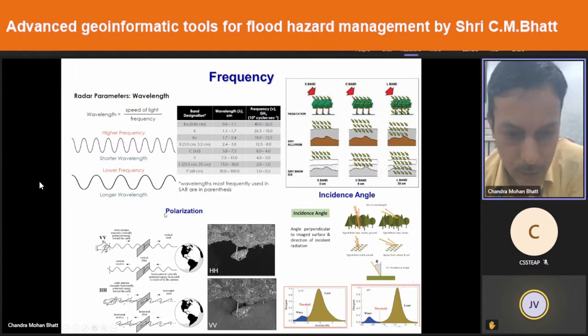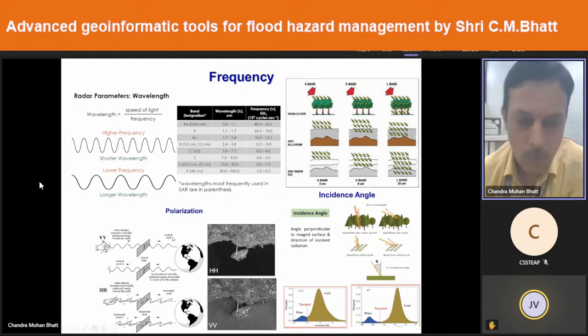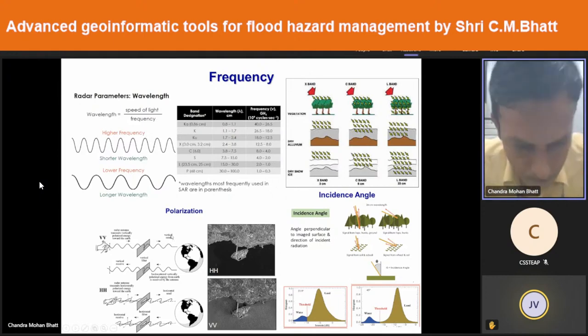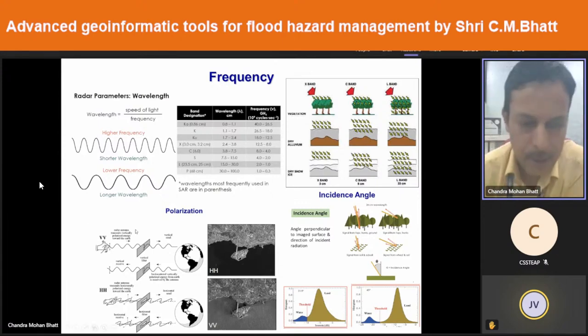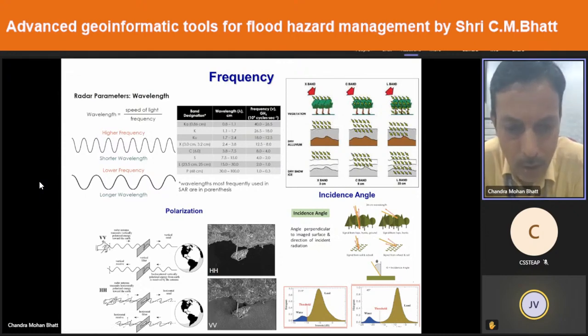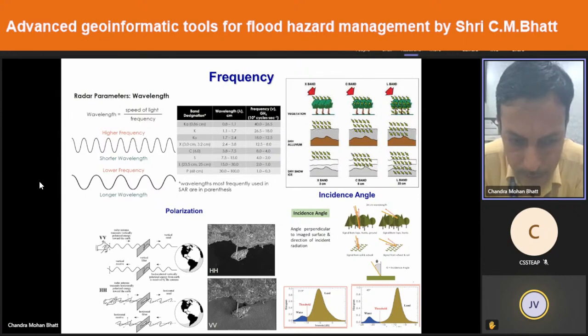Polarization is another parameter. It is the electrical properties, how our electrical fields are oriented. So we have different kinds of polarization: HH polarization, VV polarization, HV, VH, or we have all four polarizations available, that is called quad pole data. Polarization is nothing but how the radar antenna transmits the pulse and how it receives it back.